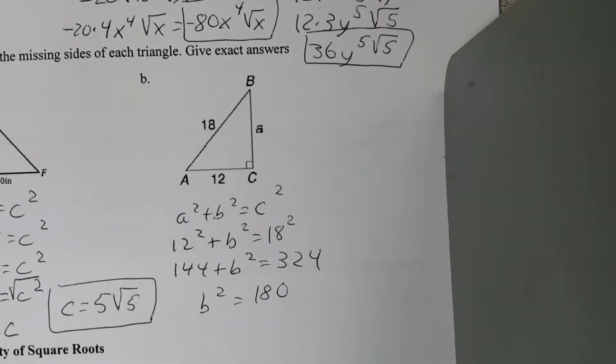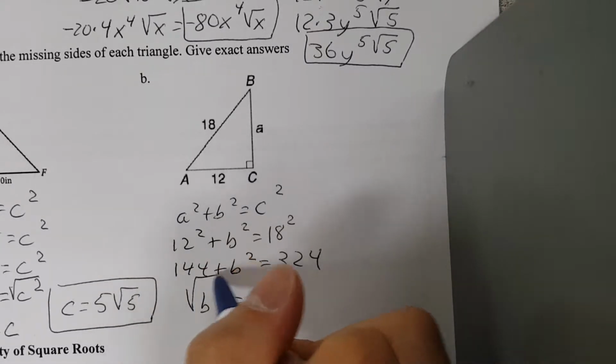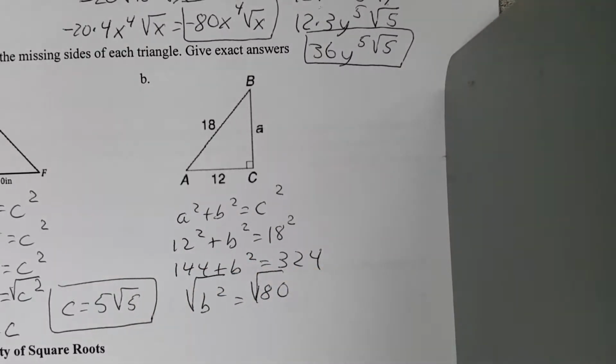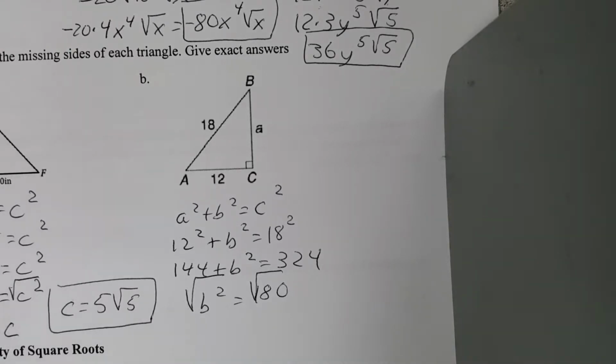And so now I ask myself, what is the largest number that can go into 180? Or no, I'm going to square root both sides. And so now let's go ahead and simplify the square root of 180. So I ask myself, what's the largest number that can go into 180? And let's think about that for a minute.